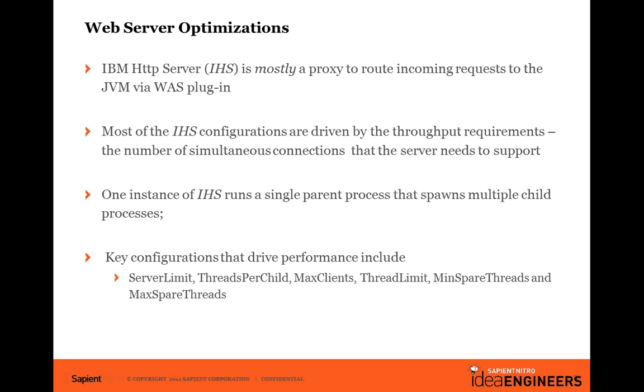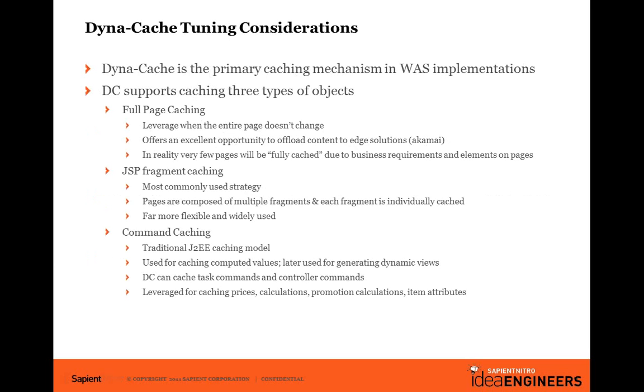So we covered front-end optimizations, and we talked about web server optimization. Let's now move on to the next one, Dyna-Cache. Before we talk about Dyna-Cache, let's talk about caching in general. The truth is, in today's context, given the high traffic that these e-commerce sites withstand, they simply cannot scale without caching.